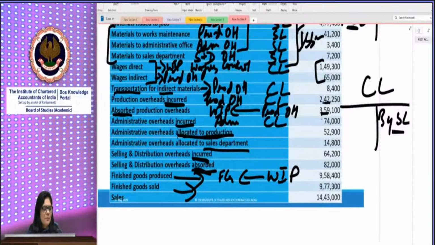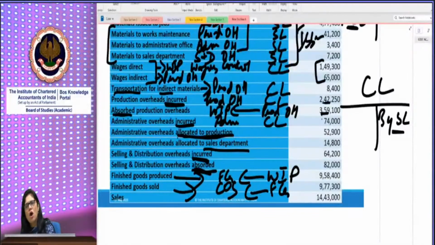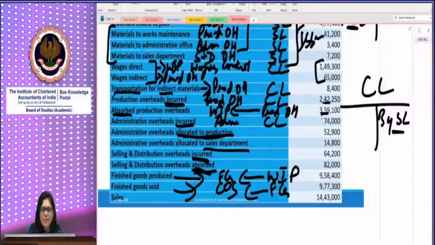Very good. Cost of sales will be debited and finished goods will be credited. It is transferring from finished goods to cost of sales. So just complete all the entries. Hurry up. You have to post all the entries in all the accounts.